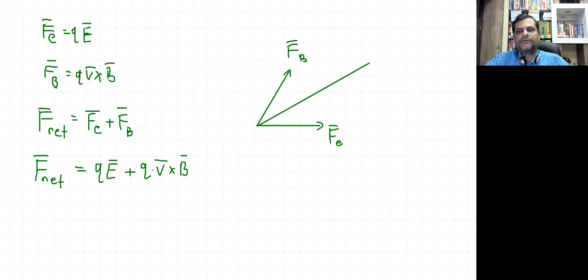So this will be given by the net force acting on the particle, okay, which will be denoted by F net actually.